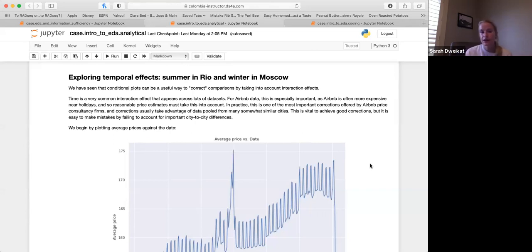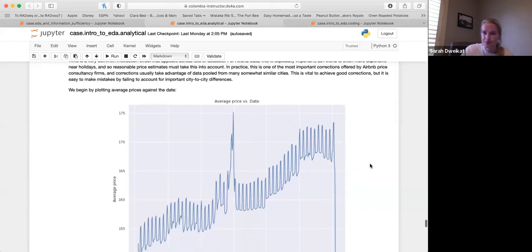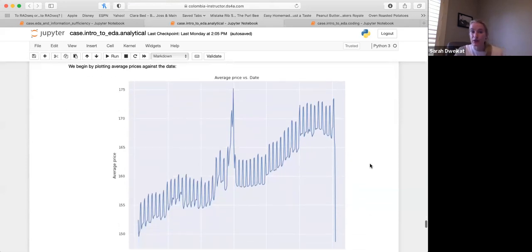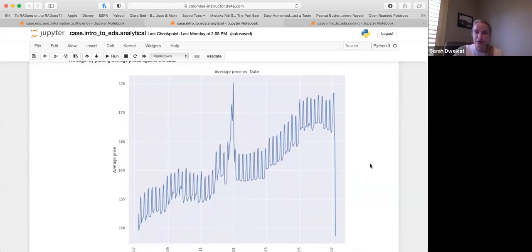There are also things that fluctuate over time, right? We want to know, does price change over time? Because we're making this recommendation for Airbnb on how they should advise, what are the relationships with price and how can this help renters to set the best price? So we need to know, does price change throughout the year?